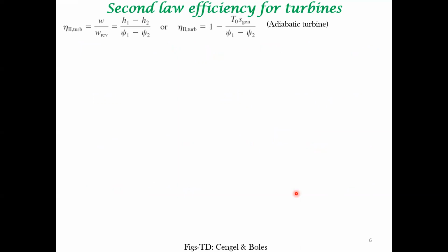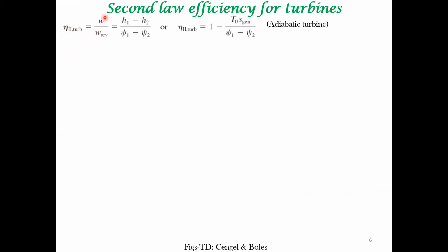For example, if you consider an adiabatic turbine, just implementing the concepts developed in the previous few slides, we can define for an adiabatic turbine what is the second law efficiency.